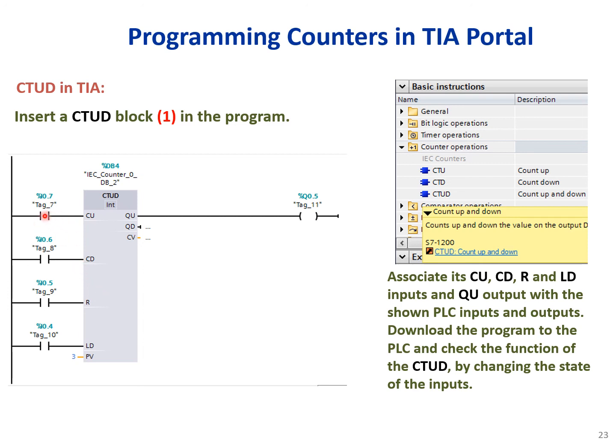You have to associate one contact to counter up, one to the counter down, one to the reset, and you need to select a preset value. And you also have LD. Check the functionality of the program again in the simulation and see how it works.